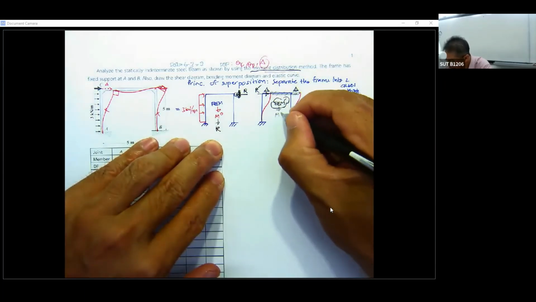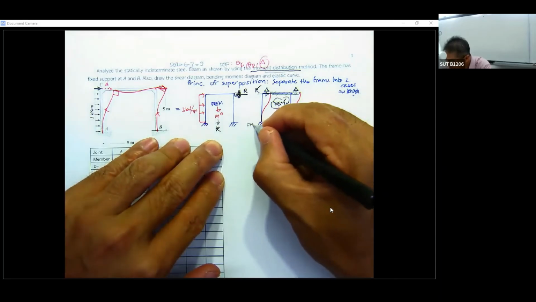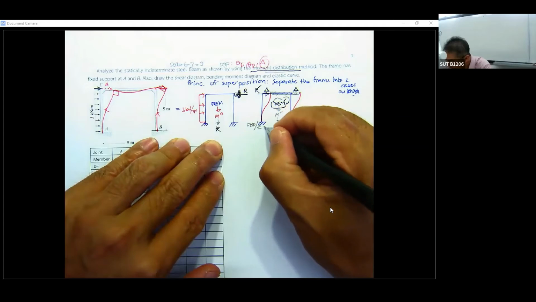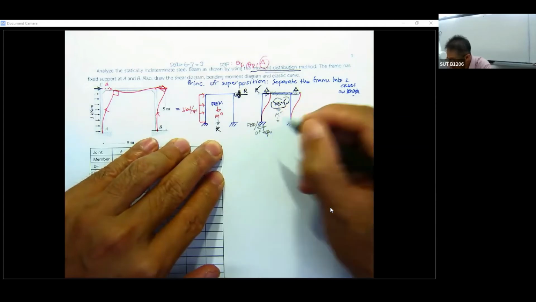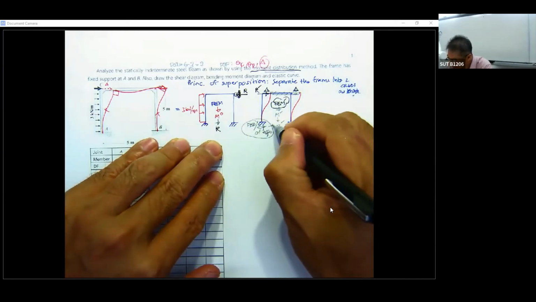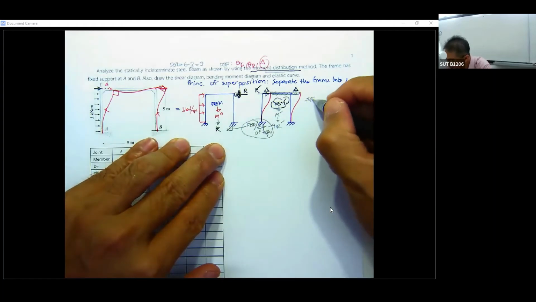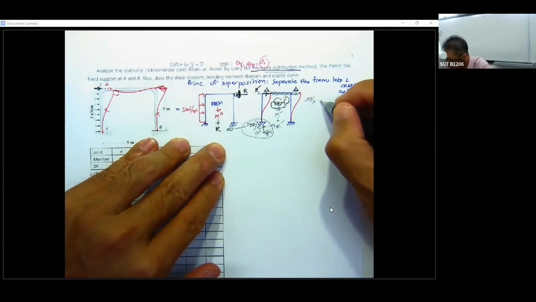You find M prime, and then from the M prime you use the free body diagram and the equation of equilibrium to determine R prime.